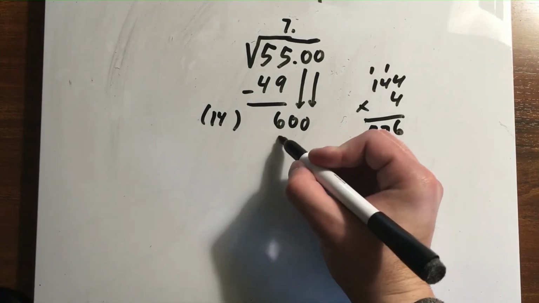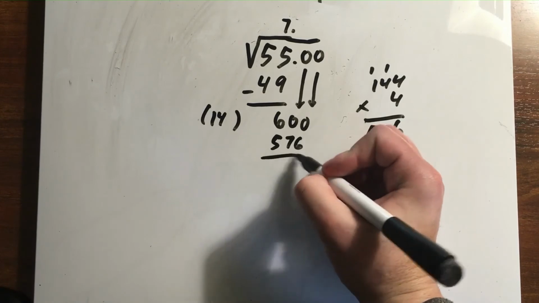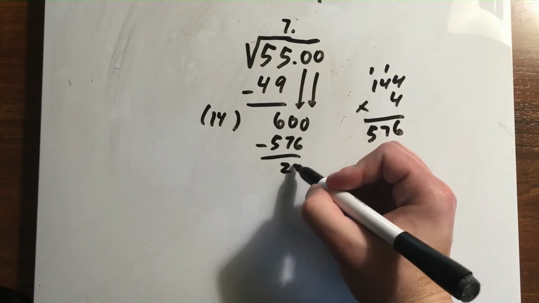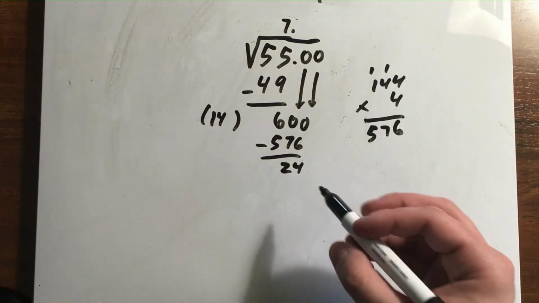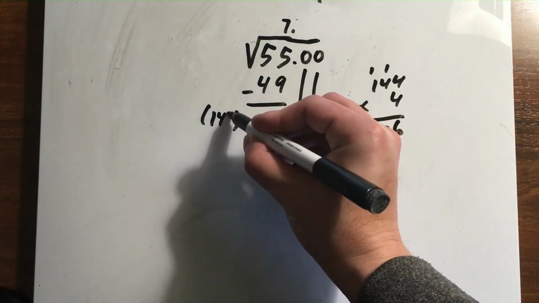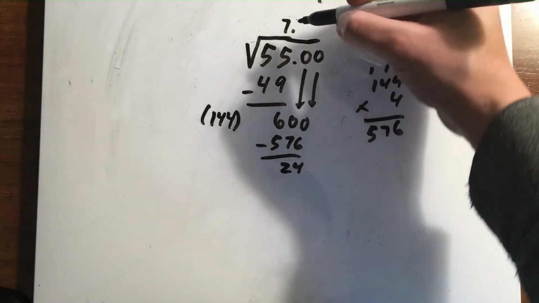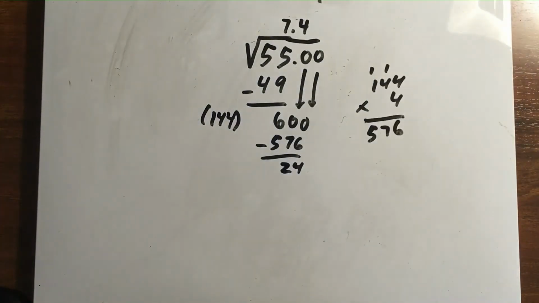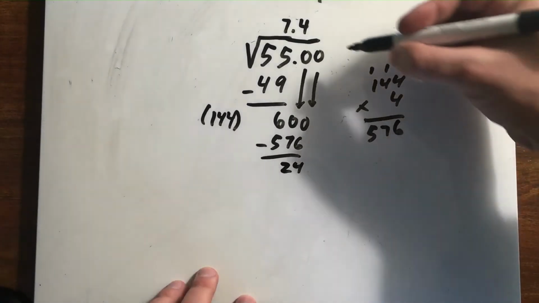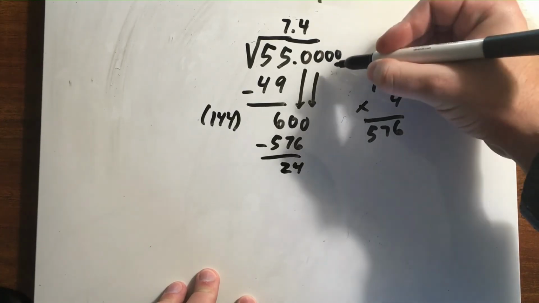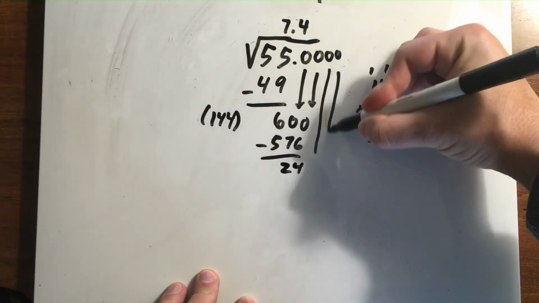So 576, minus from 600 gives 24, so that worked. 144 and 4. So now let's bring down a couple more decimals to here.